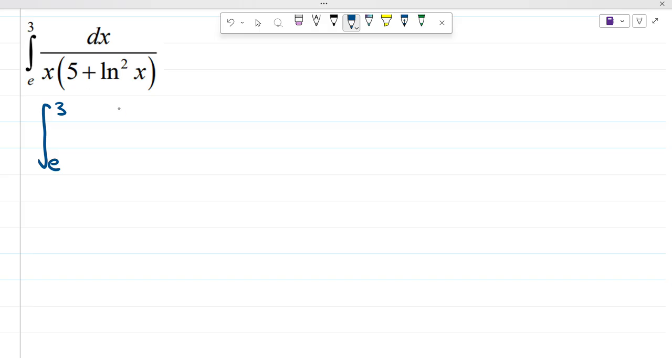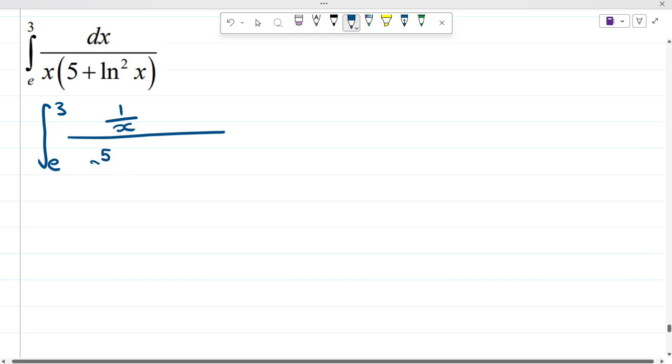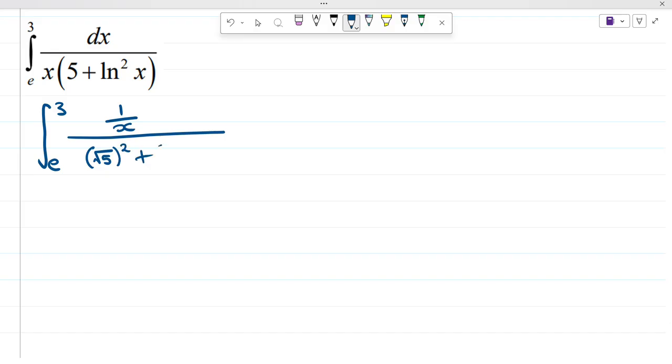I'm going to take the x up, because I can see that 1 over x is the derivative of ln of x. So we'll have the square root of 5 squared plus ln of x squared dx.